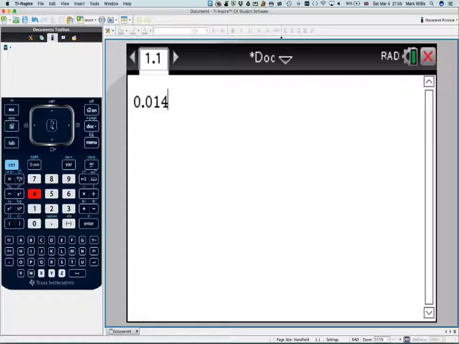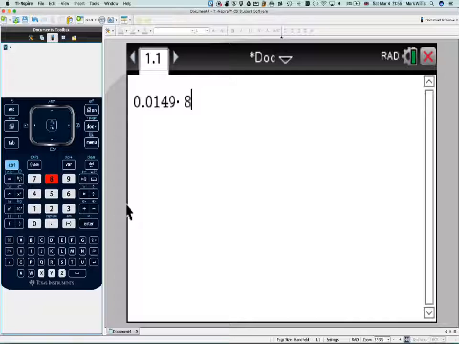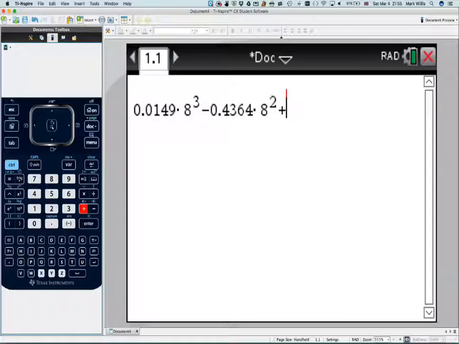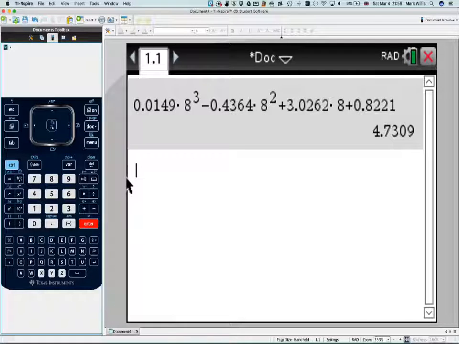0.0149 times 8 cubed minus 0.4364 times 8 squared plus 3.0262 times 8 plus 0.8221, and then press enter and you get 4.73.